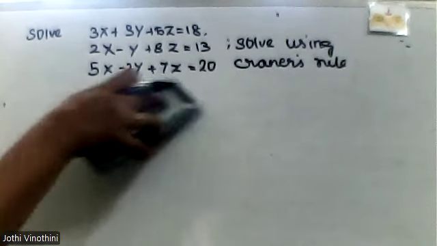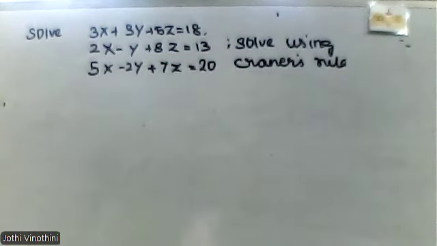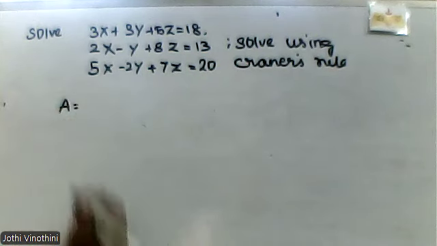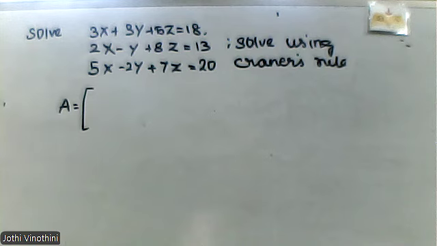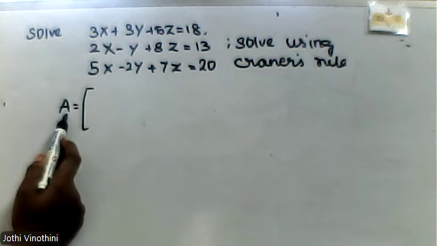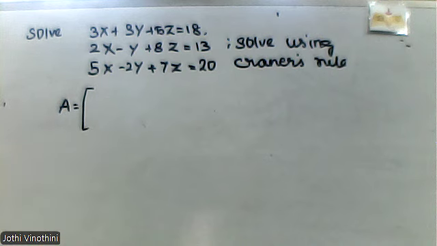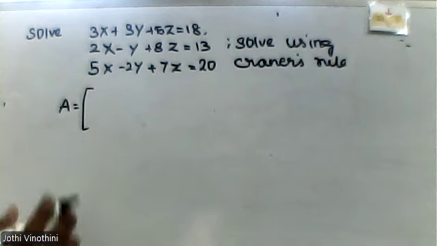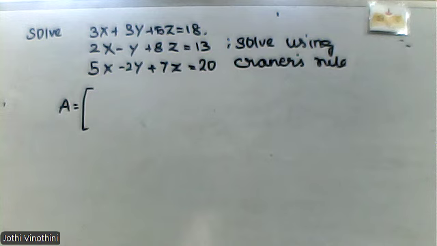Now what I'm going to do is make three matrices. I'm going to name my first matrix A. A matrix is going to have only numbers. For the first matrix A, I am going to take the left hand side of the three equations and write only the coefficients of the variables, not x or y or z.